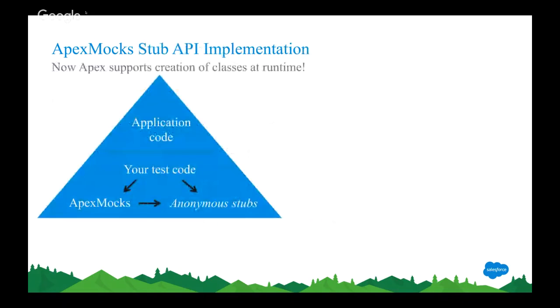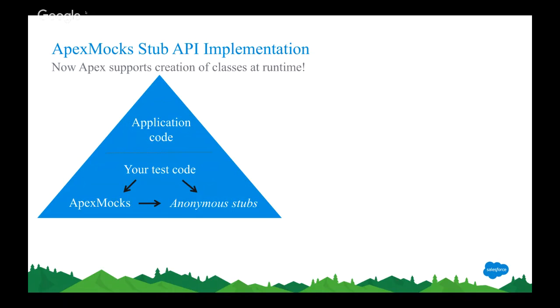So what is it going to look like when you use the Stub API? You'll notice it all of a sudden became much simpler. We don't have this outside force anymore. There's nothing off the platform that's required. You have your application code, and then your test code, which calls into ApexMocks, which then calls into anonymous stubs.